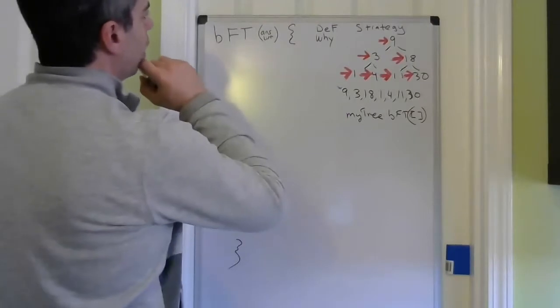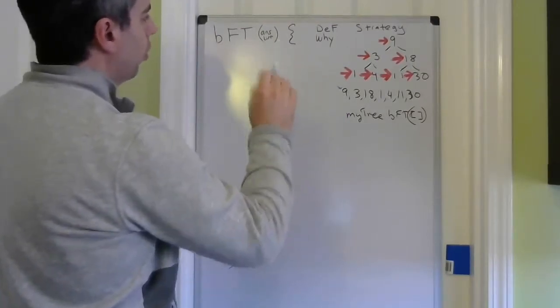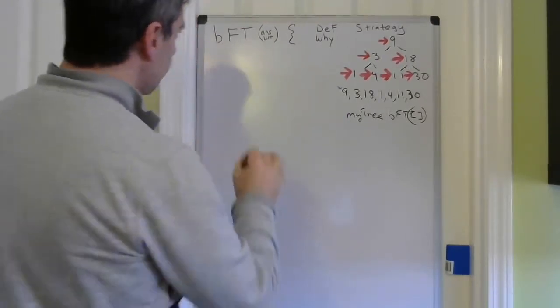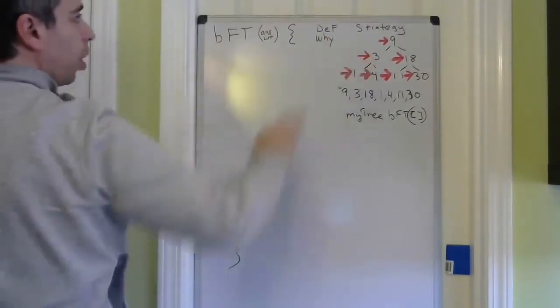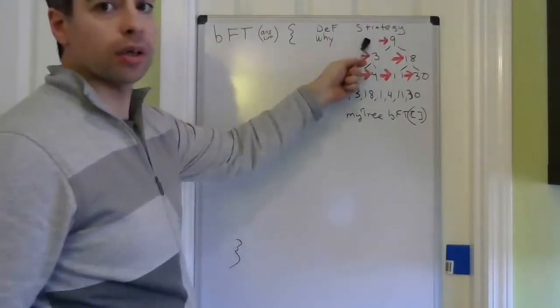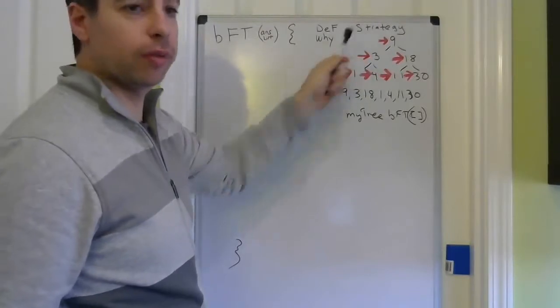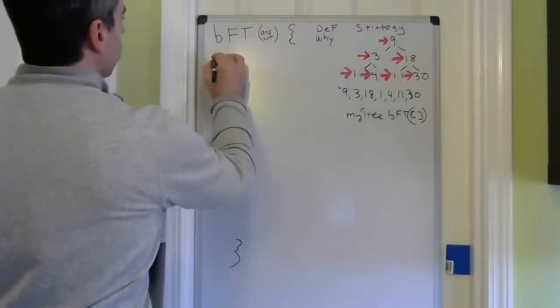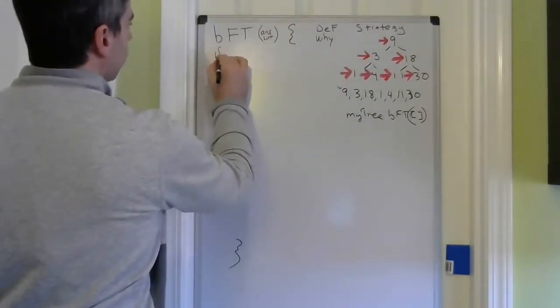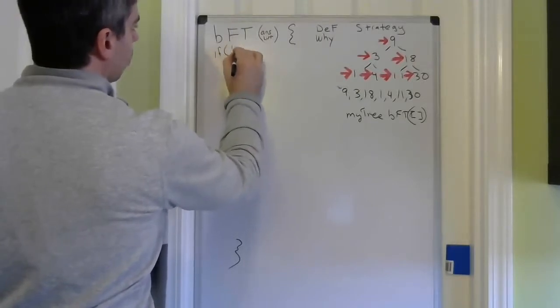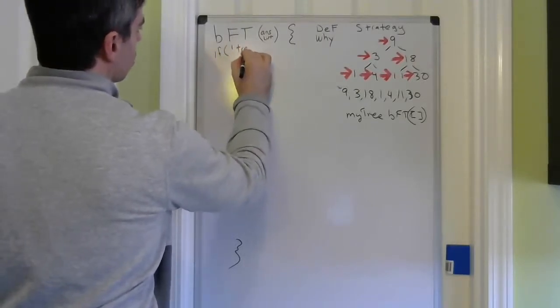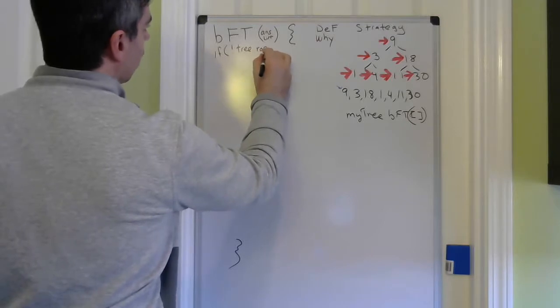All right, now we know that. What if there's nothing here? What if I have no data? So the tree.root doesn't actually have any data in it.